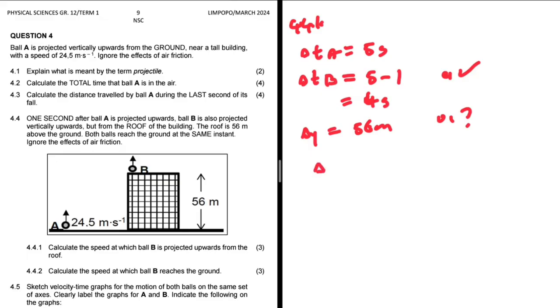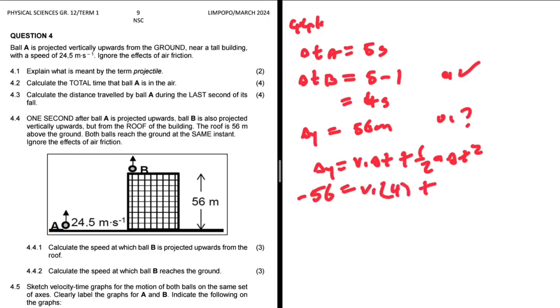We can say that delta Y is equal to VI delta T plus a half acceleration delta T squared. So the displacement minus 56 is equal to VI, that's what we're interested in. The time is 4 seconds plus a half. The acceleration is minus 9.8. The time, as I've said, is 4 seconds, and we square that.